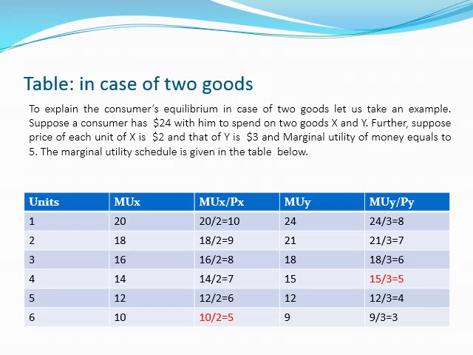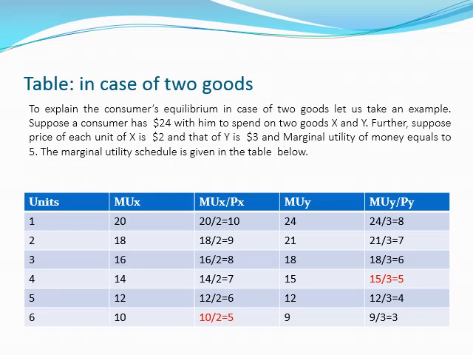To explain the consumer's equilibrium in case of 2 goods, let us take an example. Suppose a consumer has $24 with him to spend on 2 goods, X and Y. Further, suppose the price of each unit of X is $2 and that of Y is $3, and the marginal utility of money equals 5.